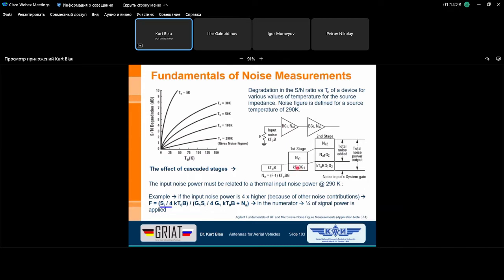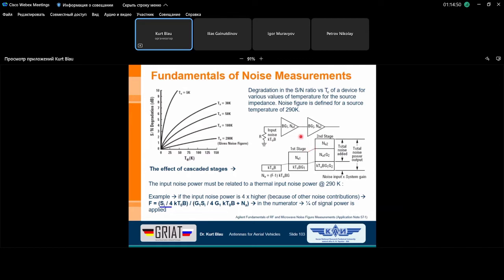And now we see what is present at the output. Then we have the added noise from this first stage, and this gives, from this value plus this, the overall output noise power on this level.